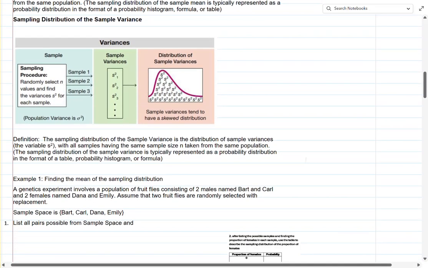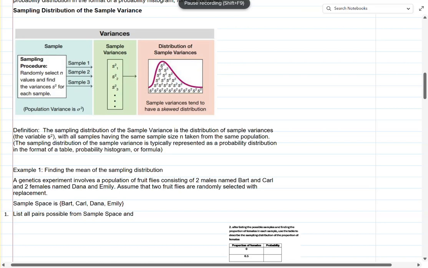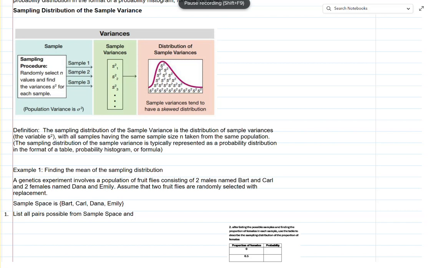We're also going to be doing a variance. Notice that a variance is not normally distributed. What we have here is the fact that a variance is skewed either to the left or to the right, depending on how large the numbers are.